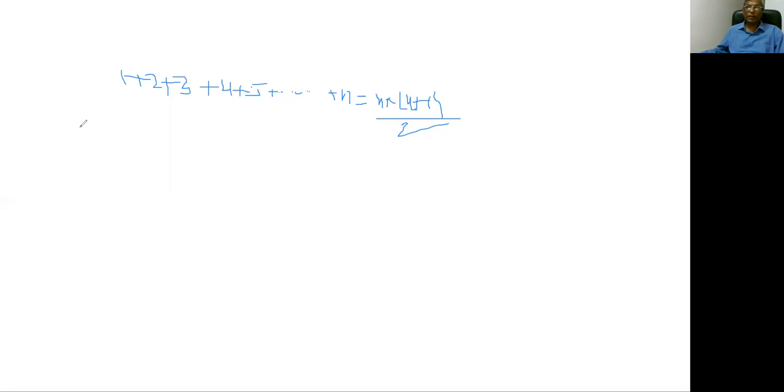So we have to verify with the help of the principle of mathematical induction whether this statement is true or not. For that, you write here firstly, proof, and you take it as a proposition.